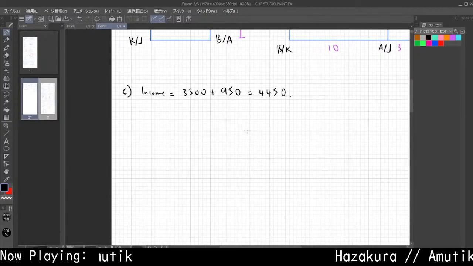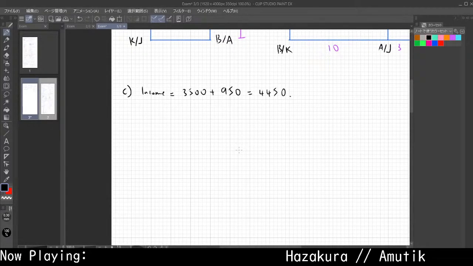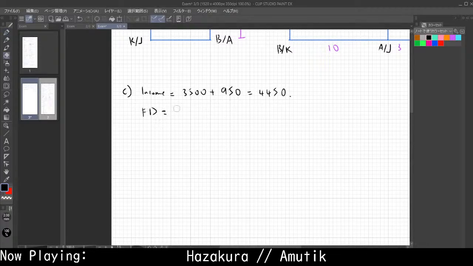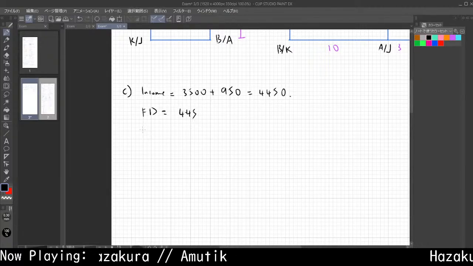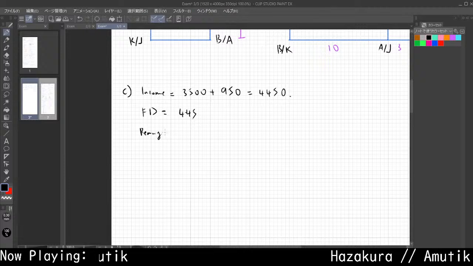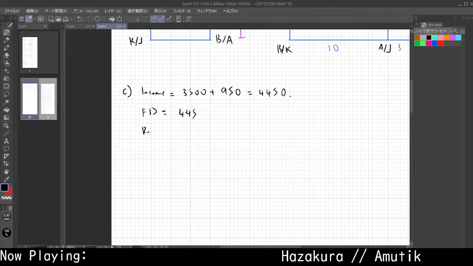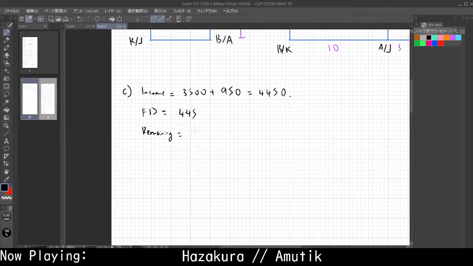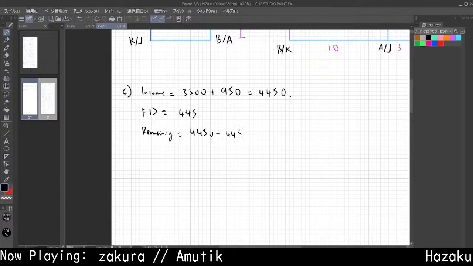Anyway, for the FD she puts 10% of this, so it'll be 445. Therefore, her remaining after putting the money into the FD would be 4,450 minus 445.